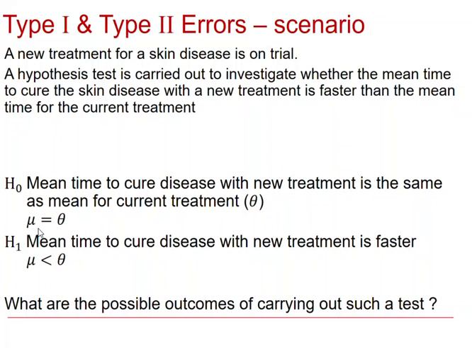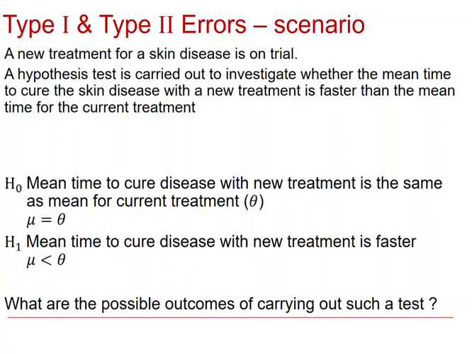So mu equals theta, there's no difference to what it was before, or the alternative, which is going to be mu is less than theta, the mean time to cure the disease with the new treatment is faster. So we have our null and alternative hypotheses.